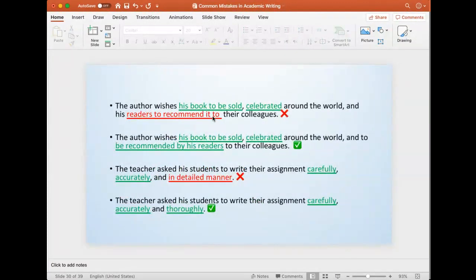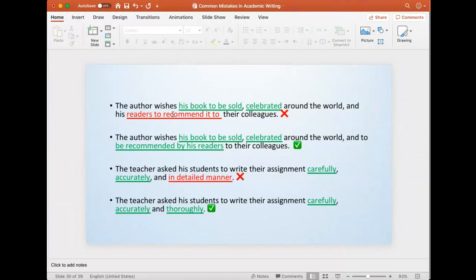This is another example. The author wishes his book to be sold, celebrated, and his readers to recommend it too. So they are not following the same pattern. In order to correct it, I would say, and to be recommended by his readers.